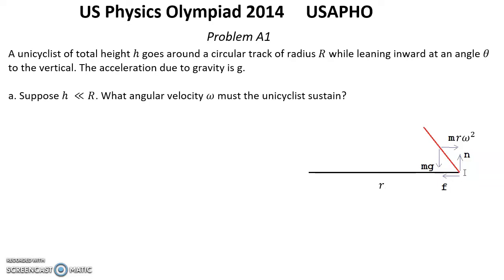We have 4 forces acting on this unicyclist in this frame of reference. One force is the force of friction F, another is the normal force N. Also we have the force of gravity mg applied to the center of this rod, and also we have a fictitious centrifugal force m r omega squared in this rotating frame of reference.